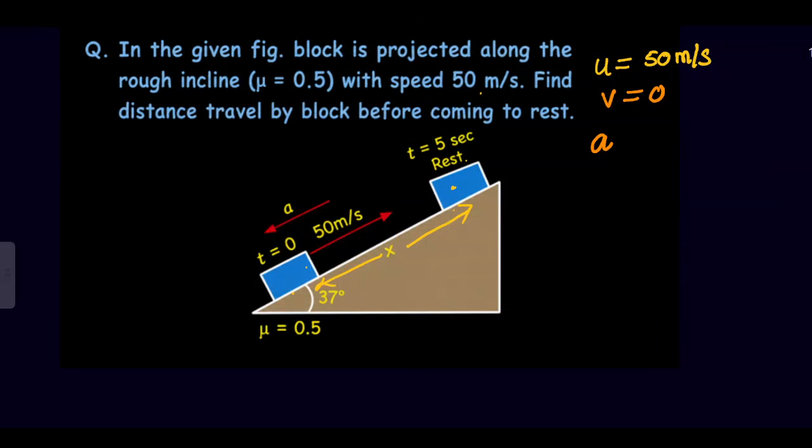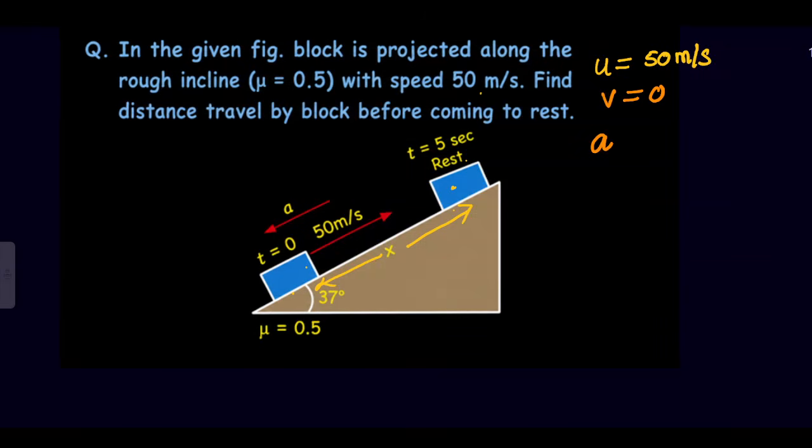Upward direction. Acceleration is downward. So here you tell me, the body is moving upward. What is the acceleration of the body? Up or down, do we need A up or A down?